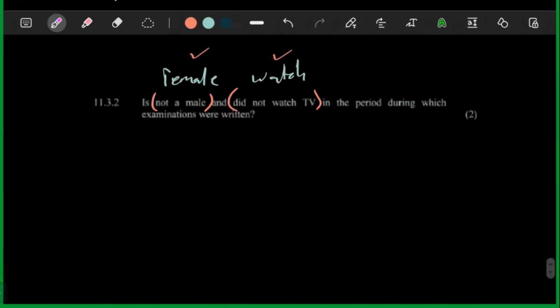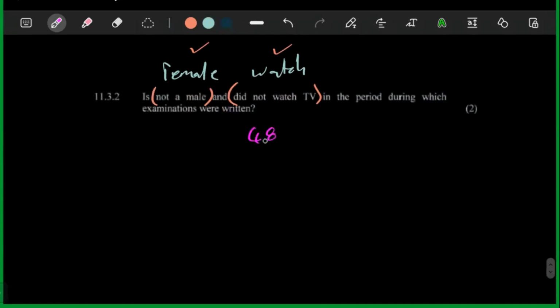So 48 out of 160 is what you're going to put over there. Then we check what our calculator gives us in its simplest form, like 3 over 10.